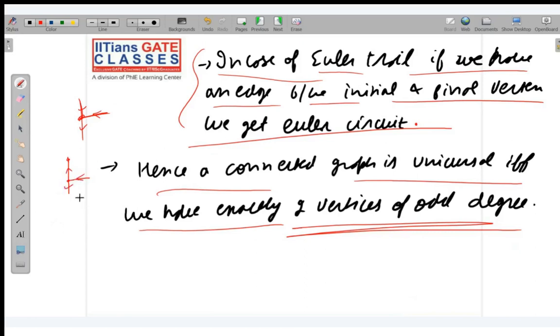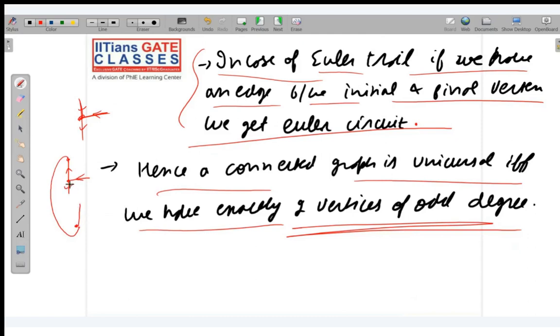And we have another vertex of odd degree. So you come in here, and then from somewhere you come in, and you go out.